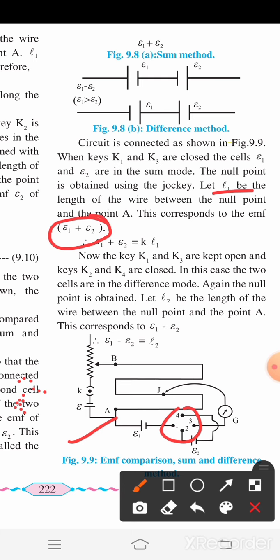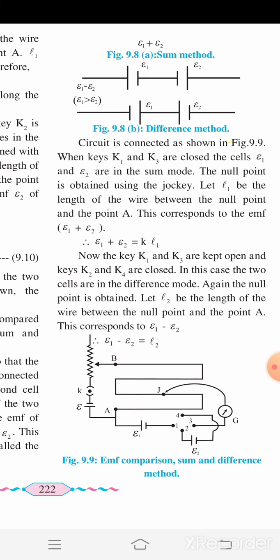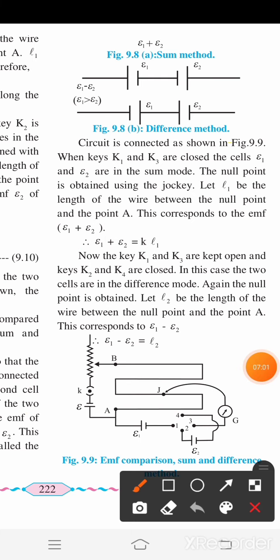This combination adds the EMF of the cells, that is, the effective EMF of these two cells is E1 plus E2, because we use the sum mode here. So by the principle of potentiometer, E1 plus E2 is equal to K L1, where K is the potential gradient and L1 is the balancing length or null length. E1 plus E2 is the effective EMF using sum mode. That is equation number one.